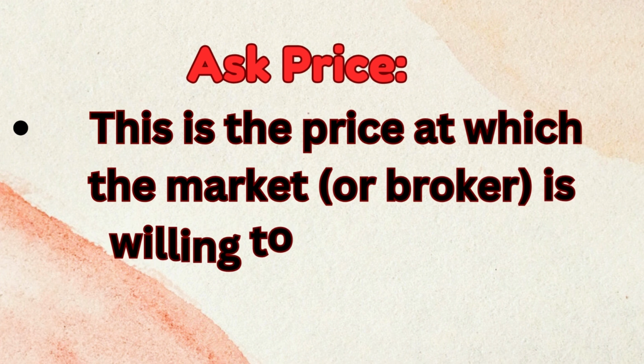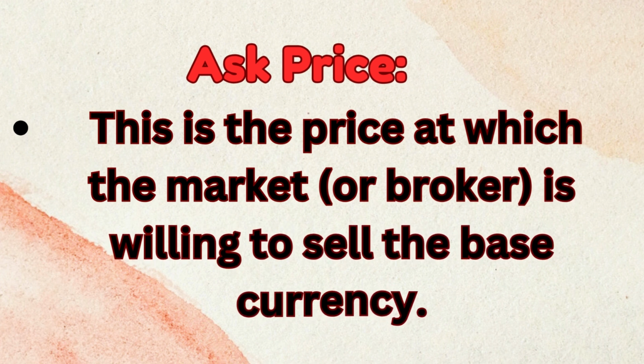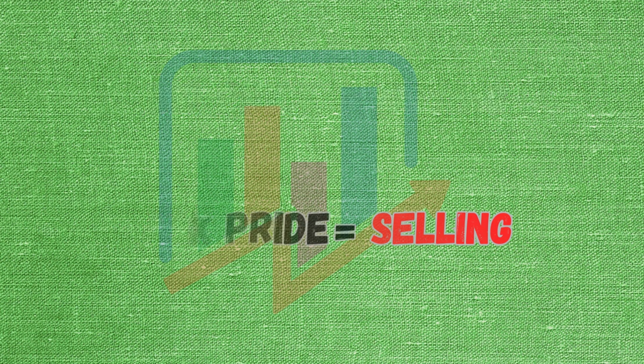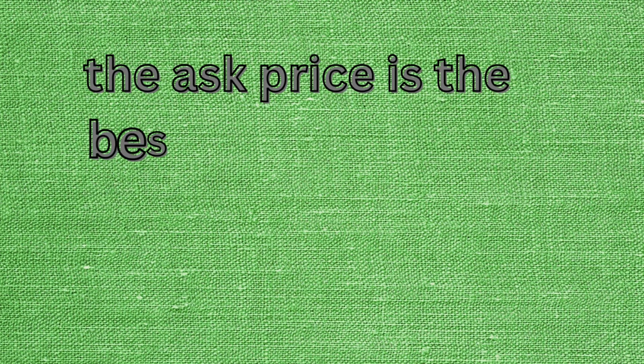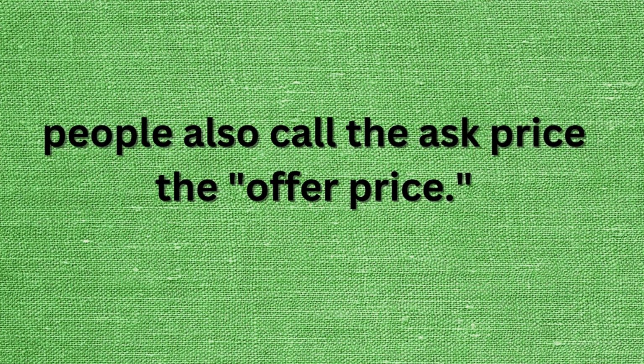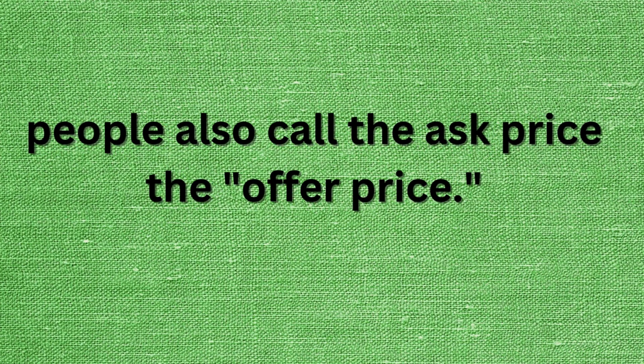The ask price is the price at which the market or the broker is willing to sell the base currency. So the bid is for buying, and the ask price is for selling. In simple terms, the ask price is the best price you can buy at in the market. Sometimes people also call the ask price the offer price.